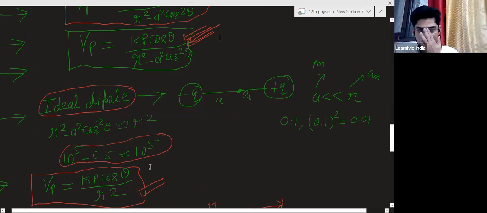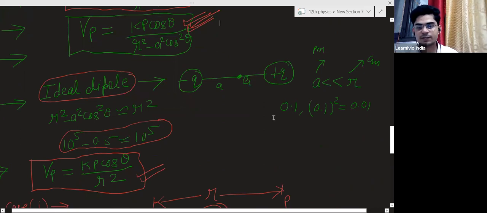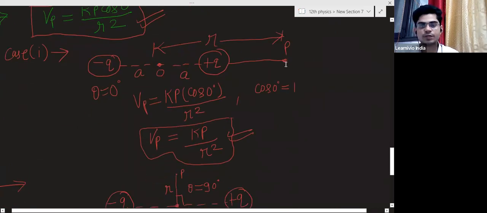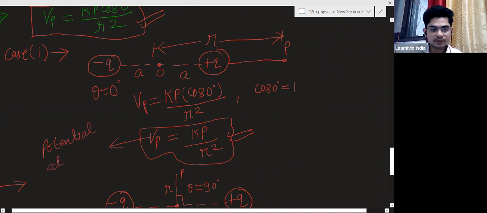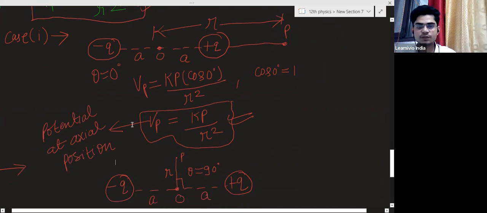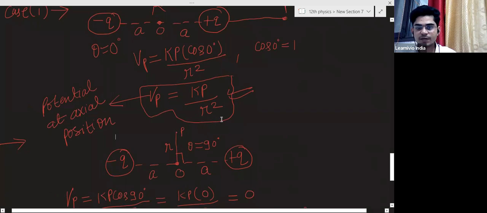We considered the potential at point P, and this point P lies on the axis of this dipole. So this is the potential at the axial position, and the formula for that is Kp divided by r square.